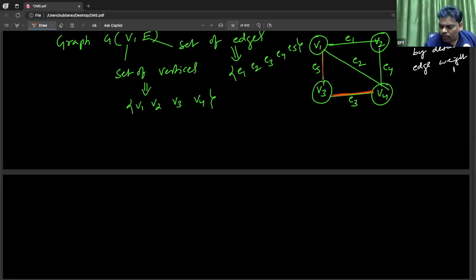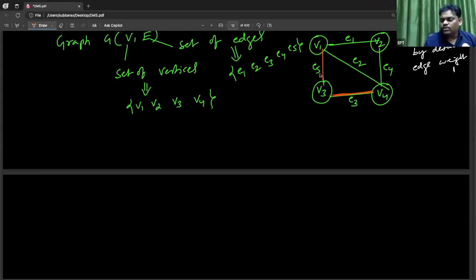Between V1 and V3 an edge is there, so those two are adjacent. Whenever an edge is there between two vertices, I can say those two are neighbors. V1's neighbor is V3, because between them an edge is there.